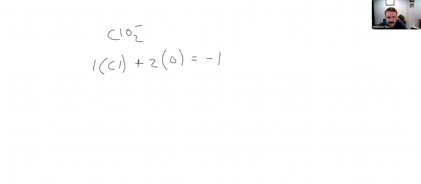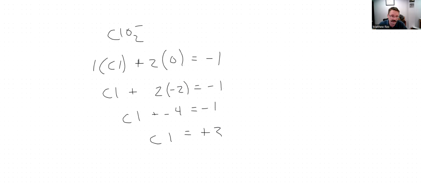Well, on the table, oxygen is higher than chlorine, which is group 7A, so it's going to go fluorine, hydrogen, oxygen, 7A. Oxygen is higher and it takes precedence. It has to have an oxidation state of -2. So in this case, I should find that the chlorine is going to be a +3.